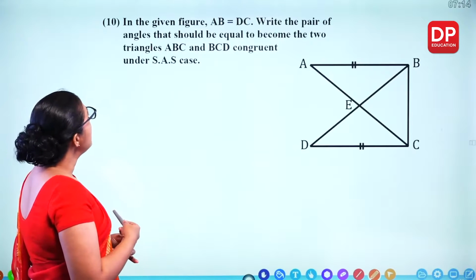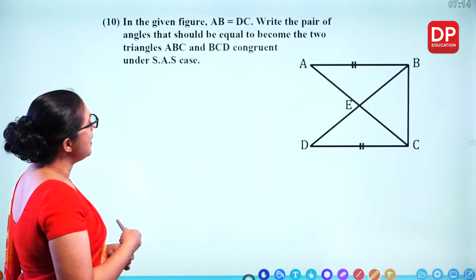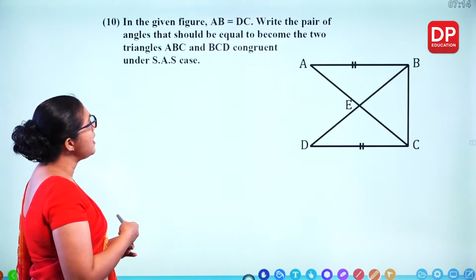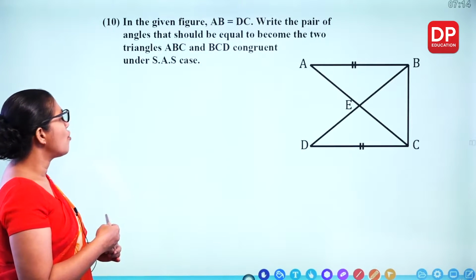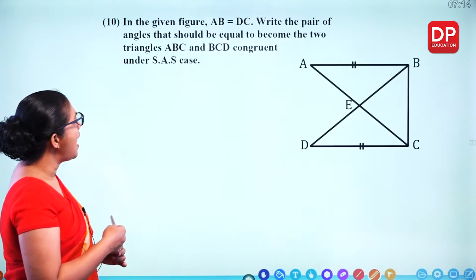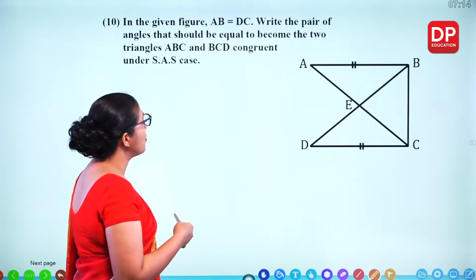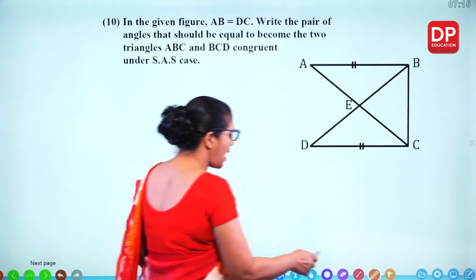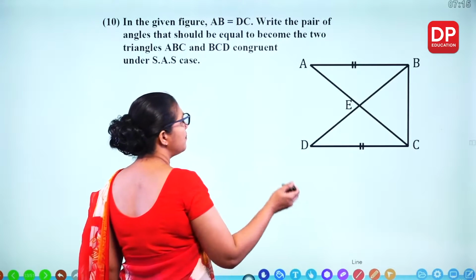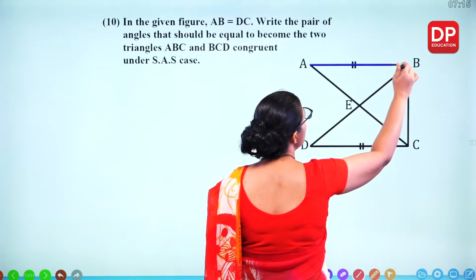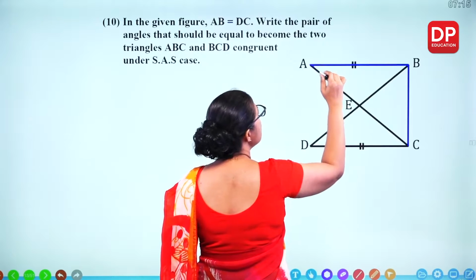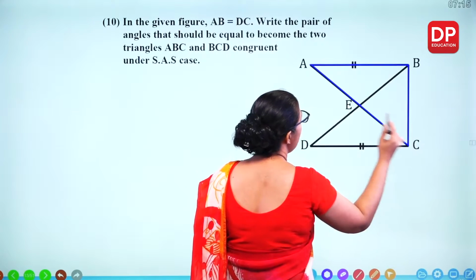Question number 10. In the given figure, AB equals DC. Write the pair of angles that should be equal to make the two triangles ABC and BCD congruent under SAS. That means side angle side. So, what's the condition? You need to have two adjacent sides and the included angle, SAS.